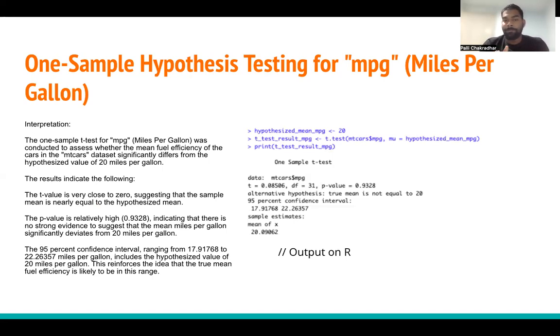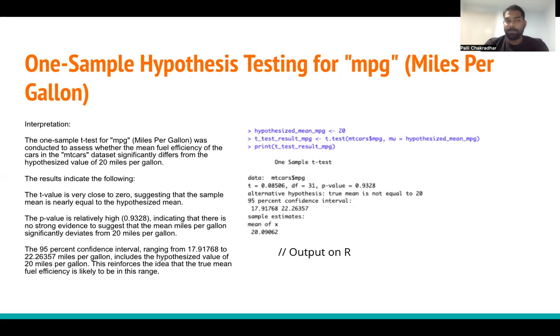If you look at the p-value, it is relatively high, 0.9328. This indicates that there is no strong evidence to suggest that the mean significantly deviates from our hypothesized 20 miles per gallon.